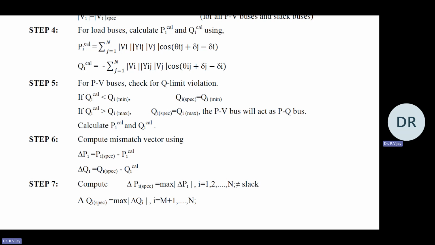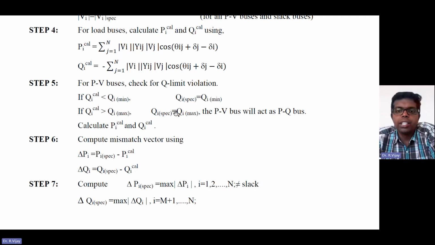If it violates the minimum limit, you need to set QI specified to its QI minimum. If QI calculated is greater than QI maximum, you need to set QI specified equal to QI maximum. The PV buses will act as PQ buses. Next, you need to calculate PI calculated, QI calculated. That we have already seen.